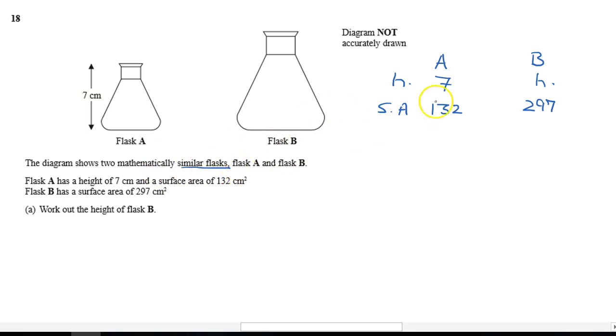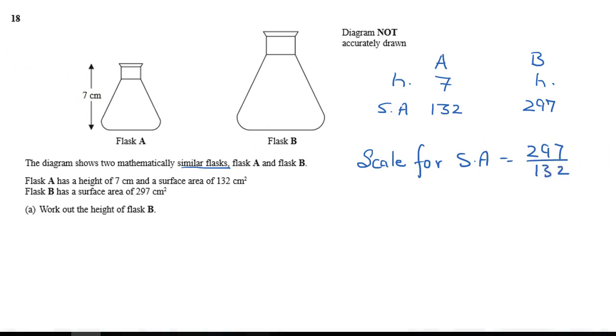These are the similar flasks. So for the surface area, the scale will be 297 over 132.